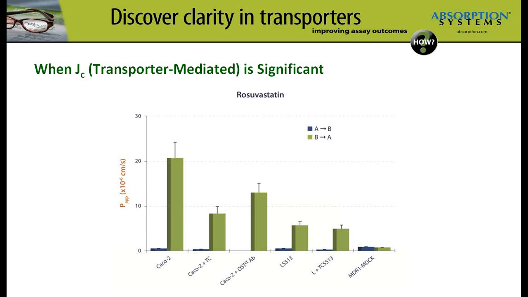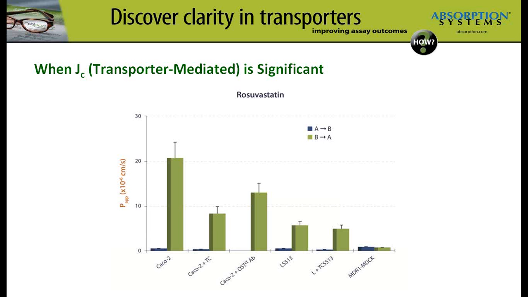In LRS513 cells, since the OST expression level was relatively low, with the treatment of taurocholic acid, the efflux ratio didn't change compared to without the treatment of taurocholic acid.